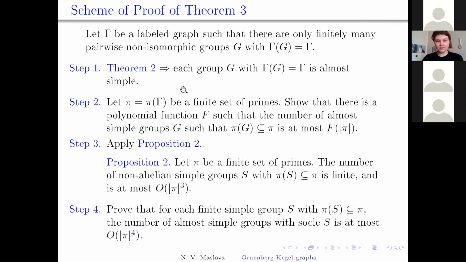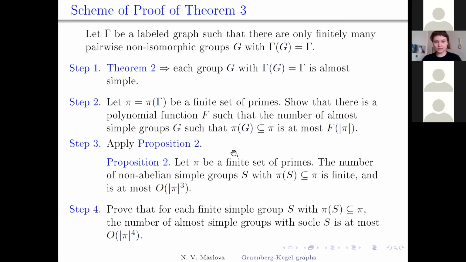And if we take pi to be the prime spectrum of gamma, then it's a finite set of primes. Let us show that there is a polynomial function f such that the number of almost simple groups G with the property that pi of G is contained in our set pi of primes is at most f of the order of pi.